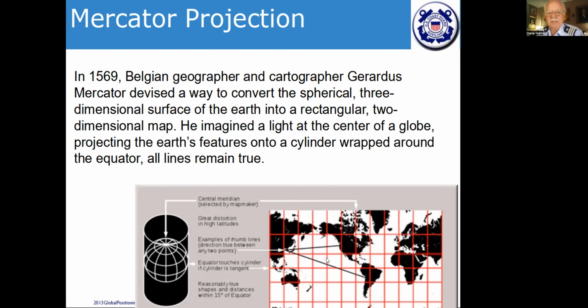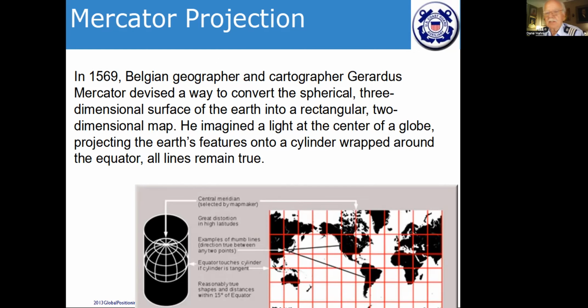Now, what happens here is that as you get further up, there's distortion. So it's accurate at the equator, this being the equator line right here, the 0 degree line. And this first box is essentially square, but the next one up becomes a rectangle and the one above it gets even bigger and so on.